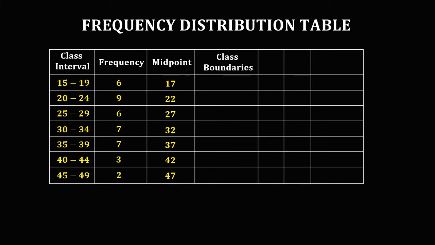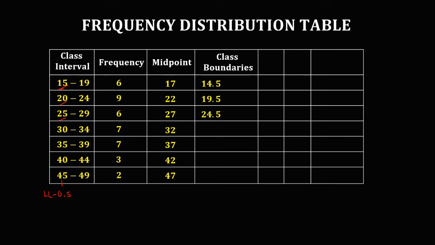Then for the class boundaries, first we need to find the lower class boundary. To solve for the lower class boundary, take the lower limit minus 0.5. So 15 minus 0.5 is 14.5. 20 minus 0.5 is 19.5. 25 gives 24.5.